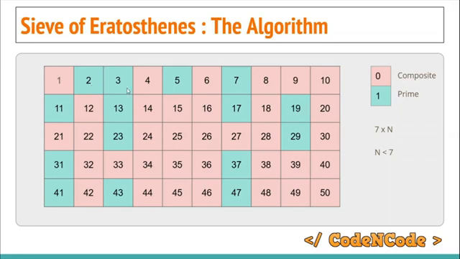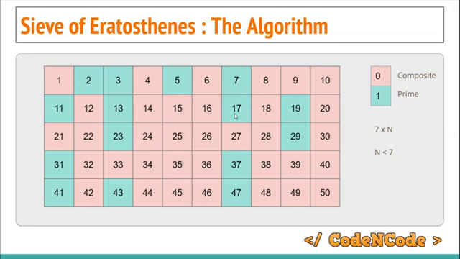And why does it happen that if the ith number is not colored composite, then it's prime? Because if for every number smaller than it, no prime number is able to divide this number, if this number is not a multiple of any other prime number smaller than it, then it has to be a prime number.